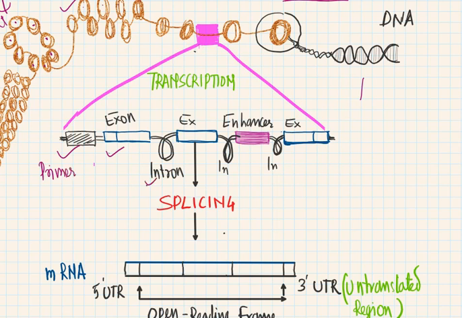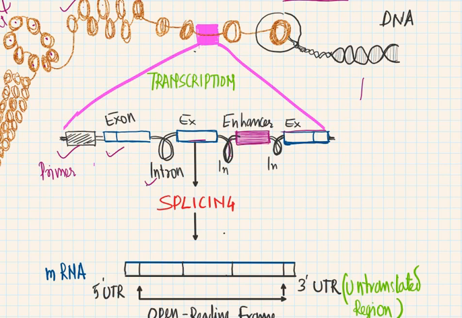This is again an exon. This is an intron, and this is an enhancer, and then again an intron, then again an exon. After the splicing is done, I'll be telling you each and everything. I'm just reading it for you. Listen to me. This is splicing.